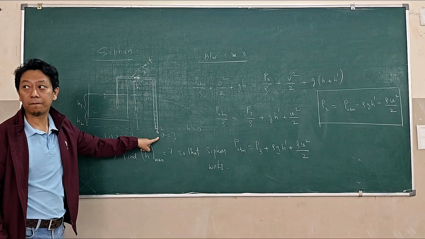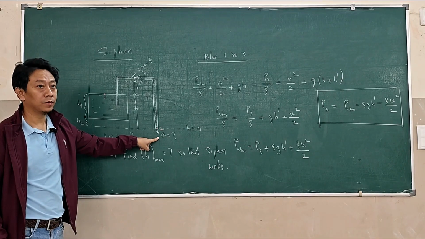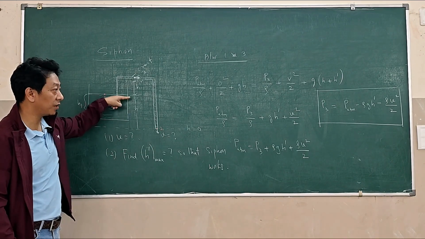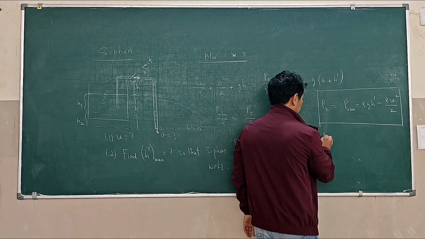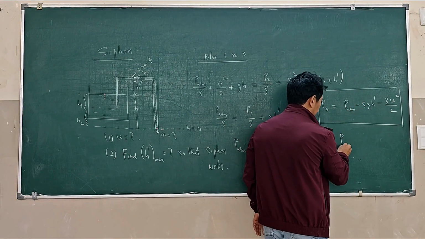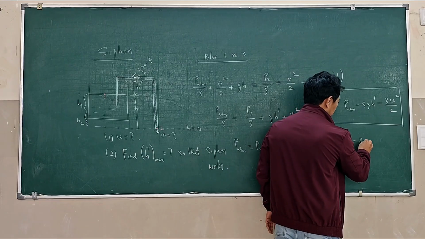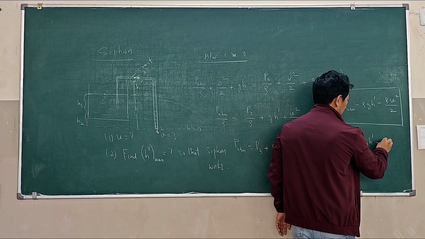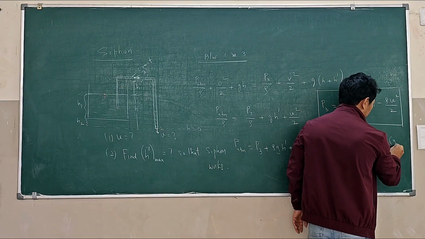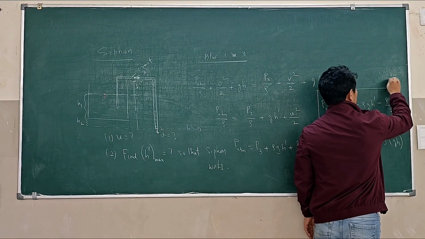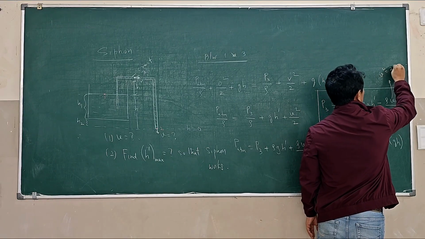We found root of 2g H, substitute that V here. So P3 will be P atmosphere minus rho g H dash minus rho, what is V square? 2gH, no, so gH. Because this V square is 2gH.